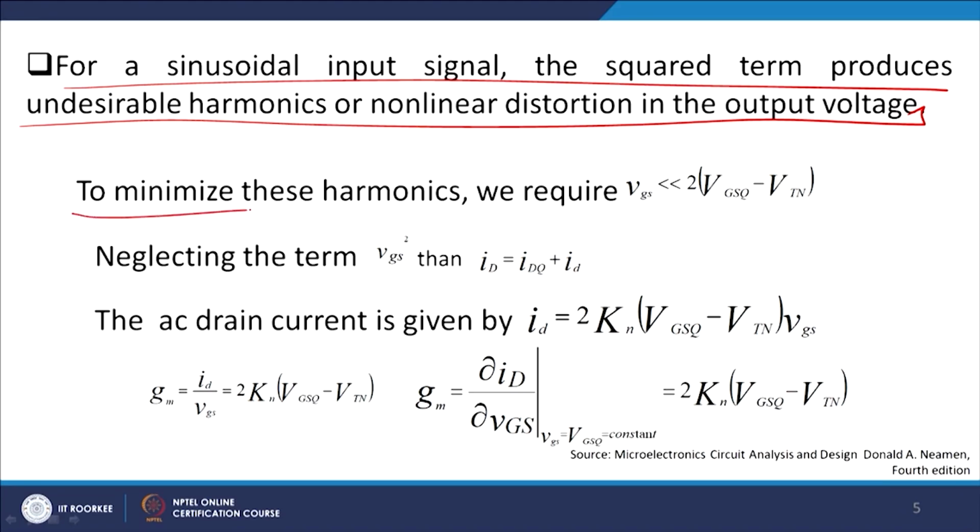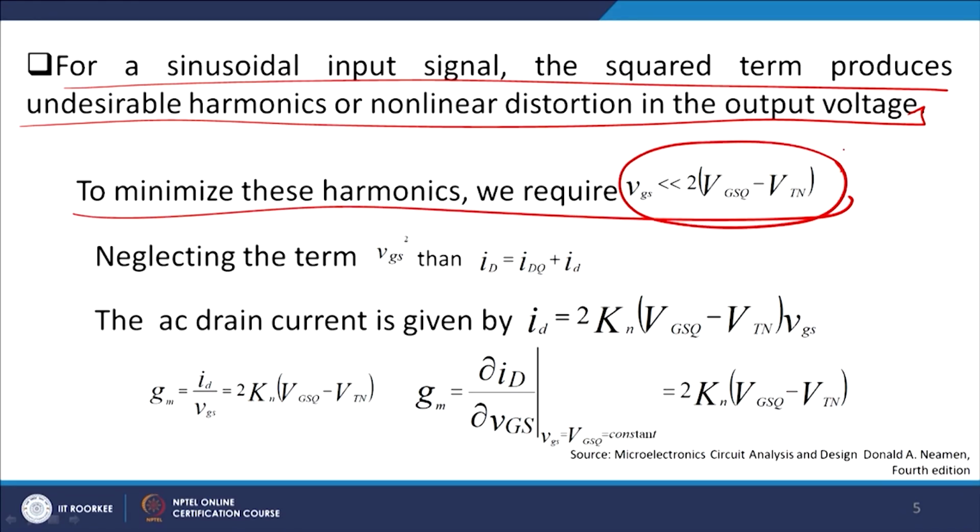So, to minimize this distortion, we require that vgs should be as small as possible. How small? Much smaller than 2 times (VGSQ minus VTN). So, if you neglect the vgs square term in such a scenario, I get ID equals IDQ plus id. The AC drain current is given by this quantity, we have already discussed this point.